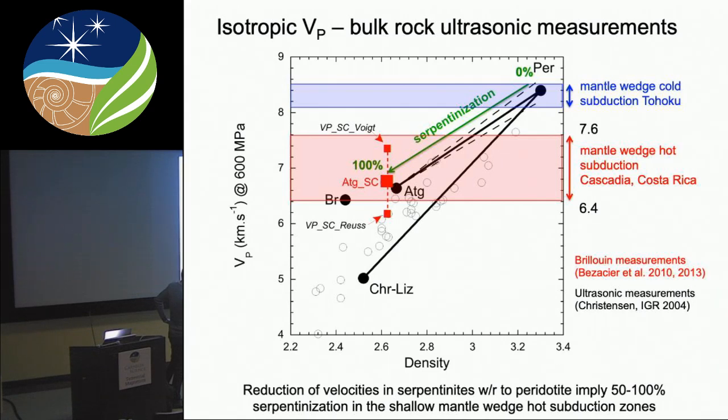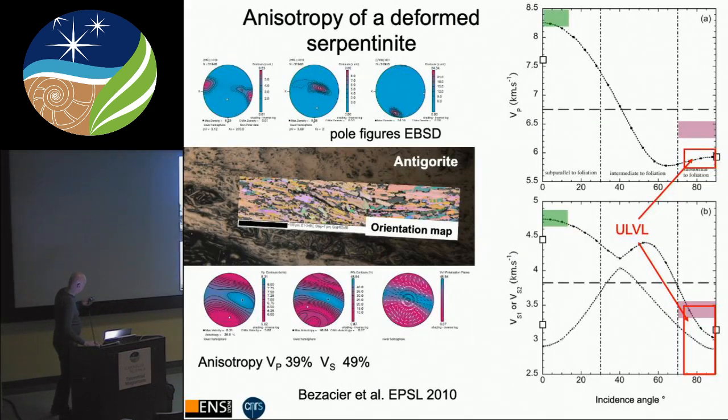Whereas in hot subduction mantle wedge, actually in Cascadia mostly, we have low enough velocities so that we can infer nearly complete serpentinization of the mantle wedge. So there is indication that indeed we have serpentinization and that fluids are actually circulating in this kind of system.